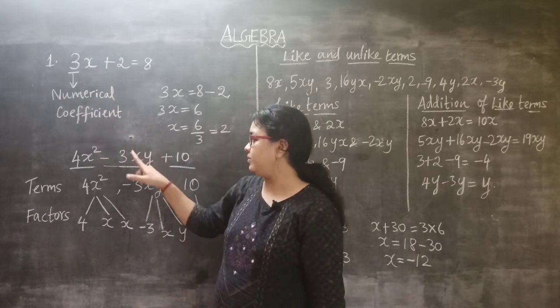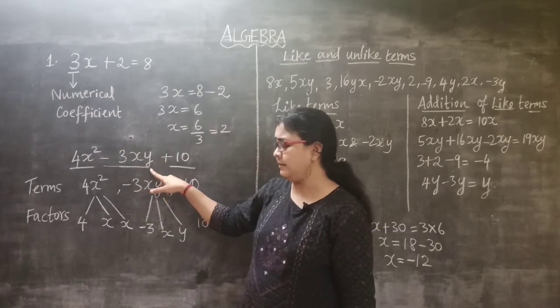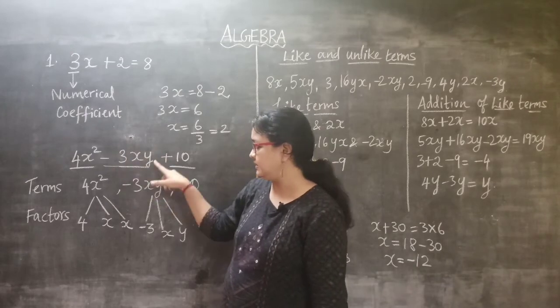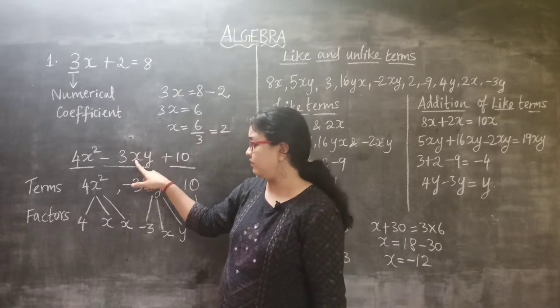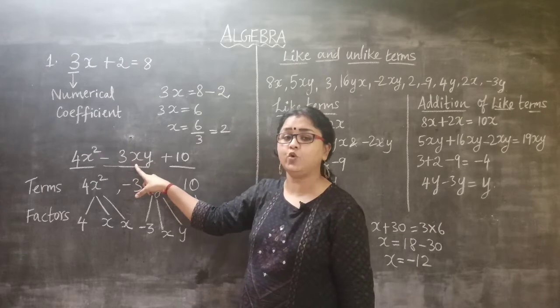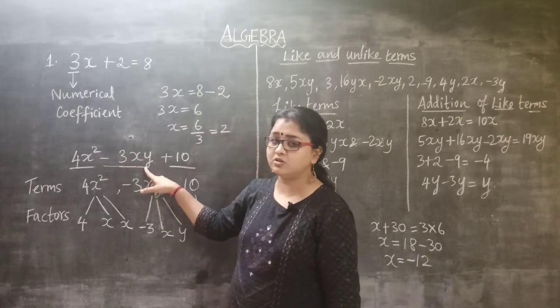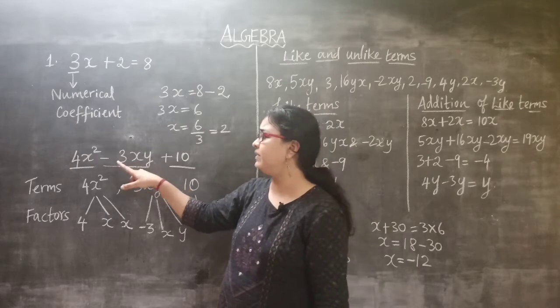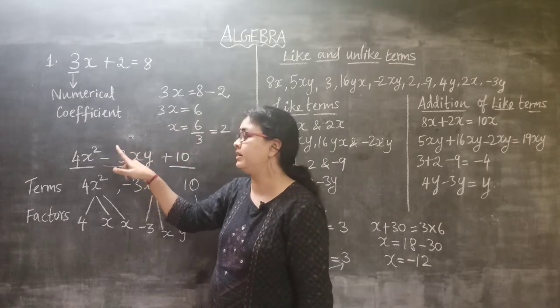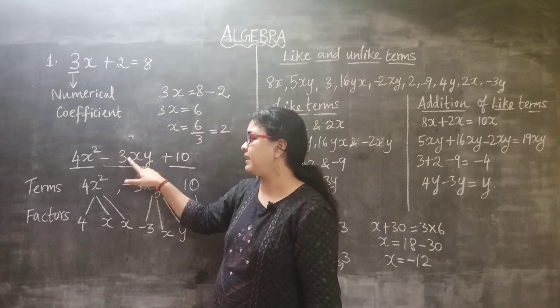But if you see here minus 3xy, in this term, if they ask the coefficient of x, then it is minus 3 and also y. But when I say only numerical coefficient, I will say that it is minus 3.